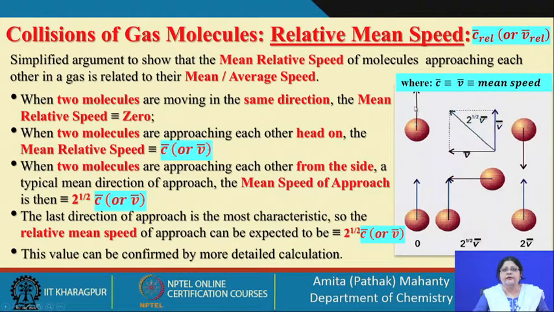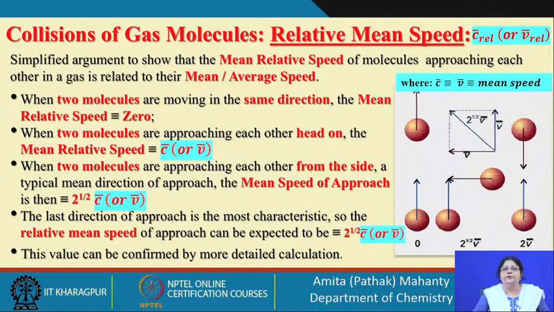There is an arrow going towards this side. When the two molecules are moving in the same direction with the relative mean speed, their approach to each other will always be 0. That means both of them are moving at a particular velocity, so their approach is not likely, so it is going to be 0.